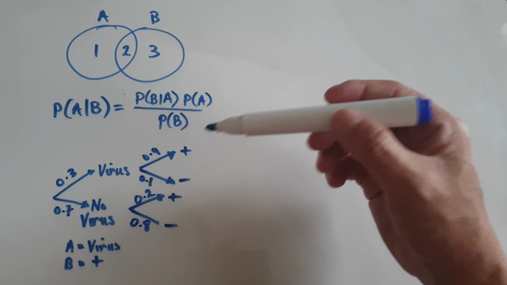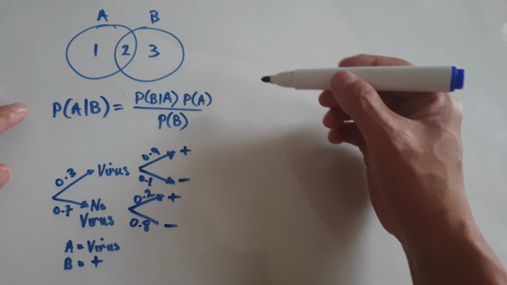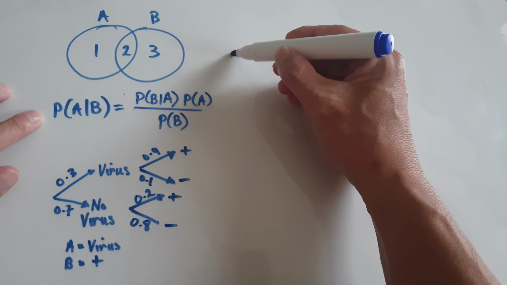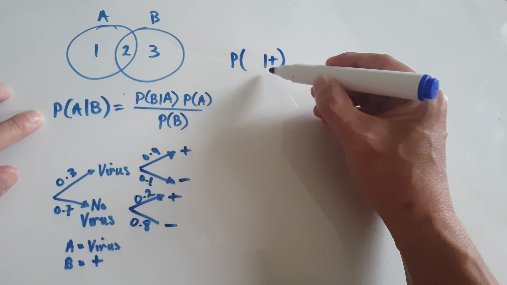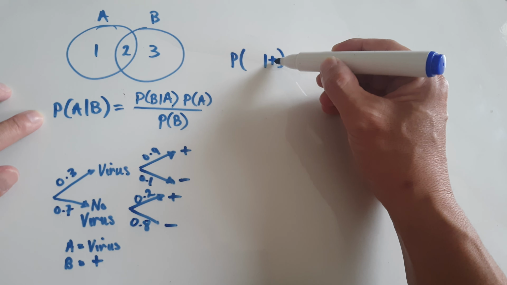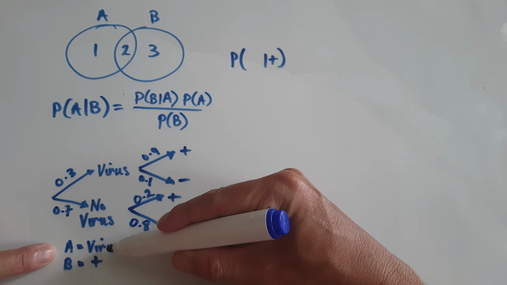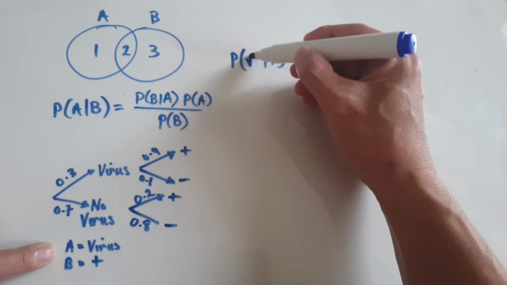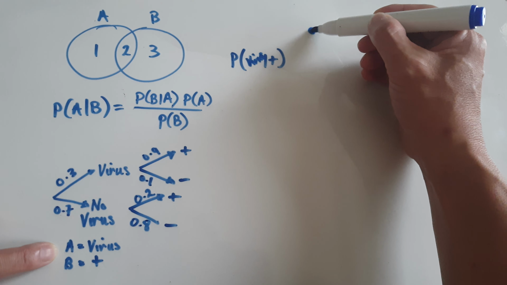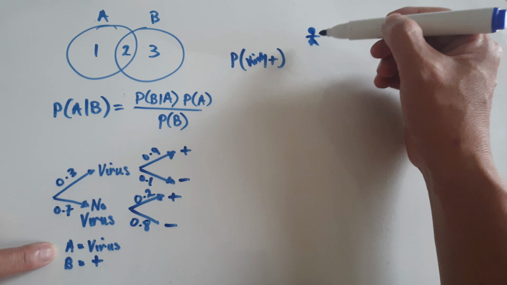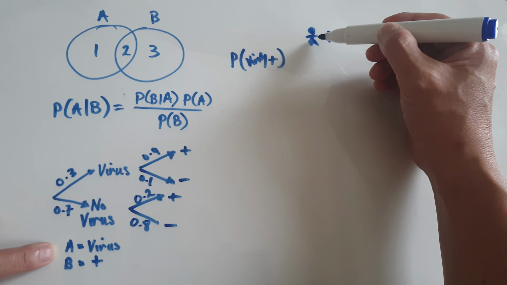Okay, so let's do this without using Bayes' theorem, and then I will show you how to use Bayes' theorem. So really, it boils down to you trying to work this out. Given that you've tested positive, so given the vertical lines, what's the probability of you having the virus? So let A be the virus here. So a random person is selected, and this person gets tested by the machine, and the machine says, oh, you're positive for that virus.